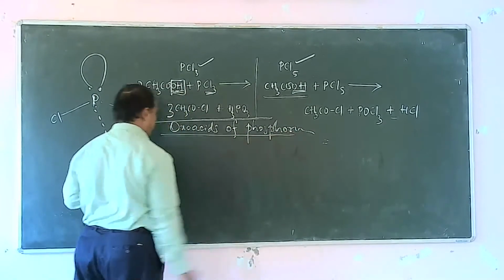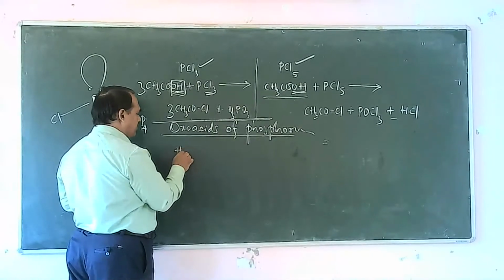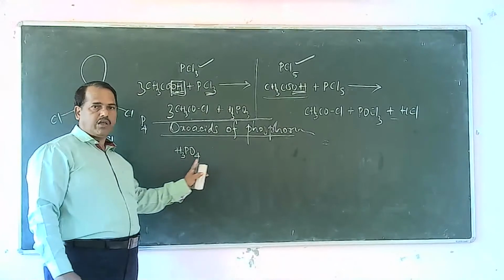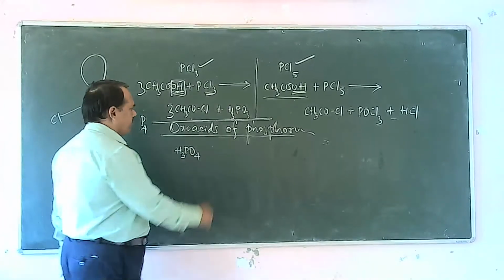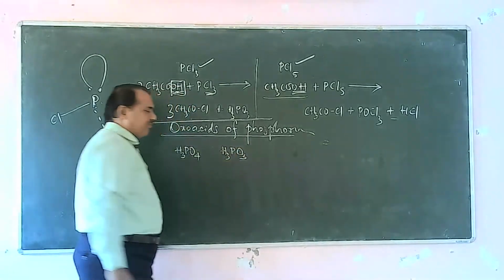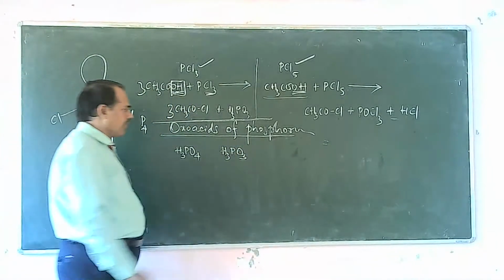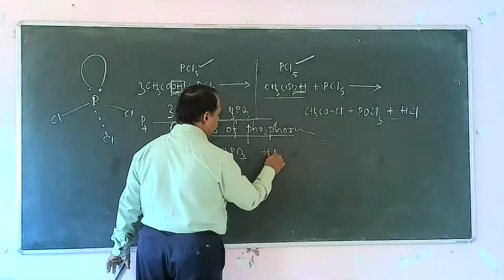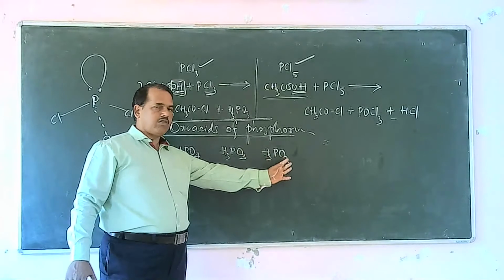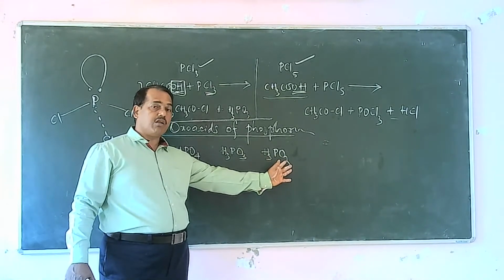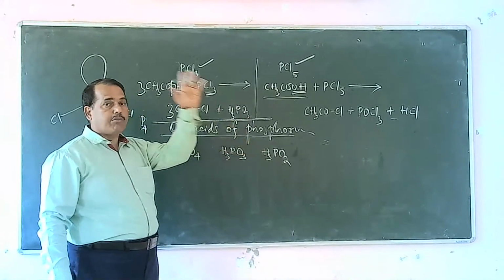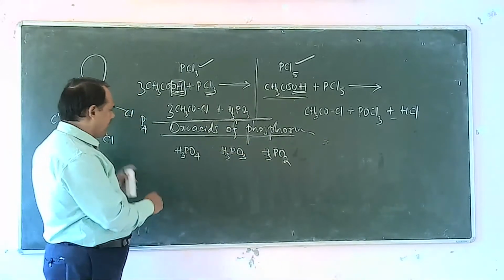See, the oxoacids of phosphorus are, I write first, H3PO4, which is phosphoric acid. Next, we have H3PO3, phosphorus acid, and H3PO2, which is hypophosphorus acid.